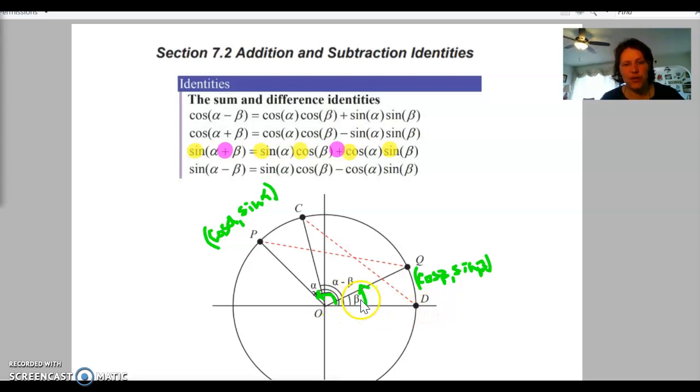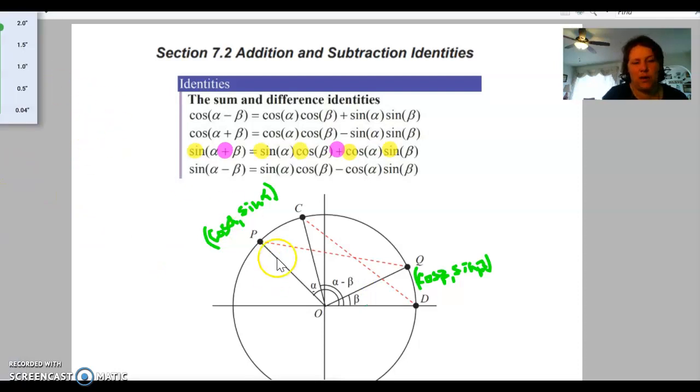So I want to know an angle such as alpha minus beta. This angle comes from the triangle POQ, and it is the interior angle at the origin.